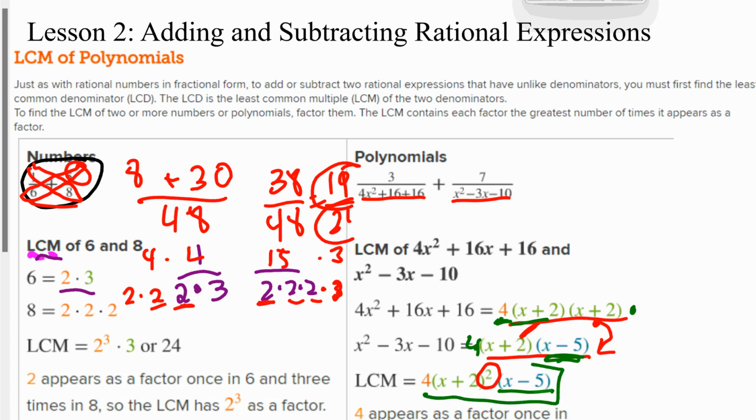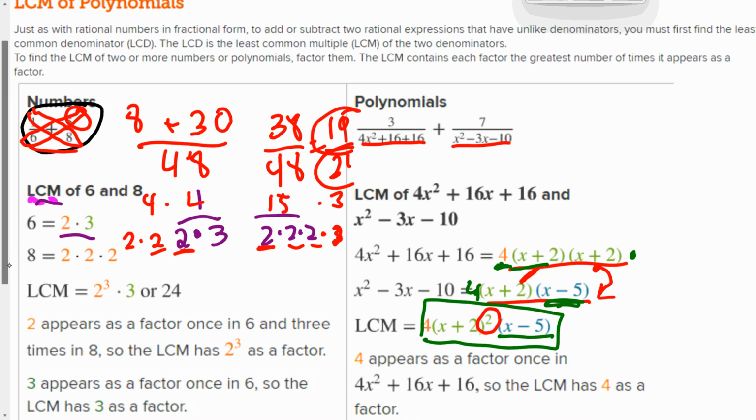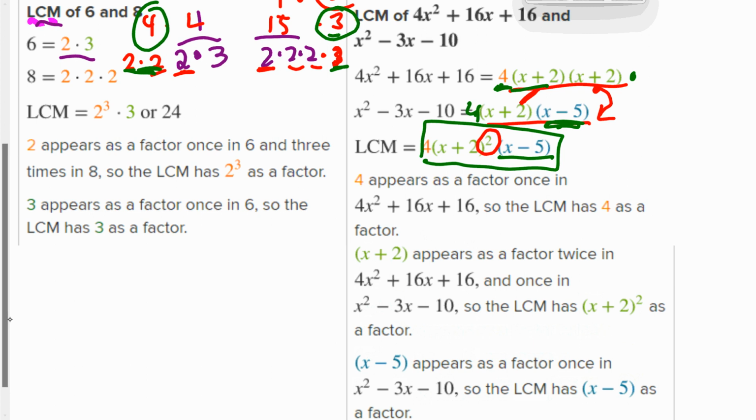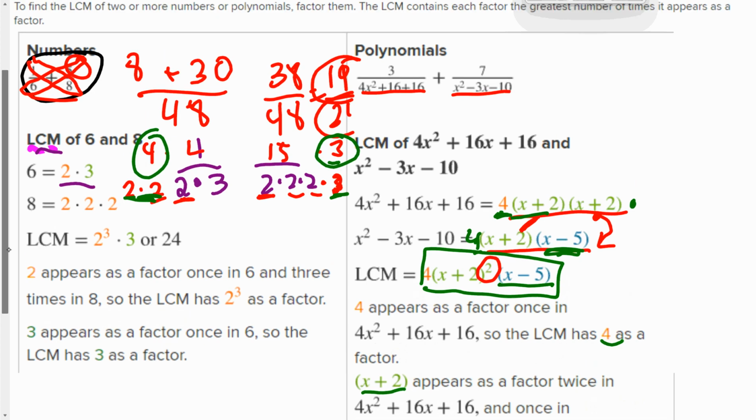So here's my LCM, least common multiple, and then I do the same thing as I did right here: I multiply the top by what I don't have on the bottom of each. So you multiply by 4 on this one, and then you multiply by another x plus 2 as well on the top of this one to the left here.